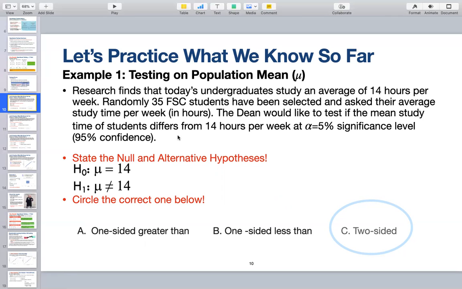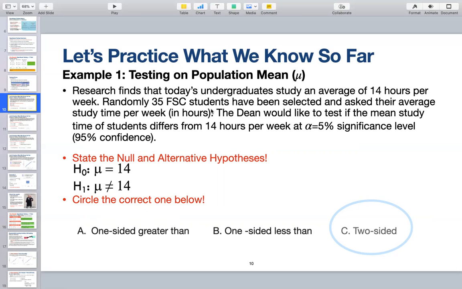As I said in the previous video, we start with constructing the alternative hypothesis. In this case, we have to figure out what the current status quo is and how we can challenge it. If you pay attention to this text, you realize that the study suggests that an undergraduate student studies an average of 14 hours per week, and that's the status quo.